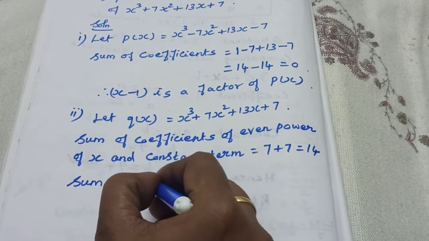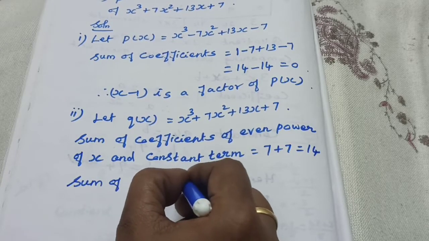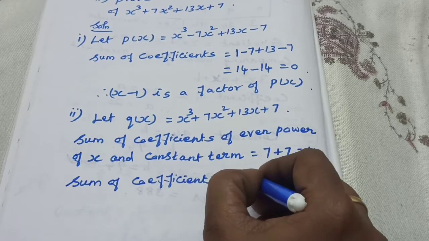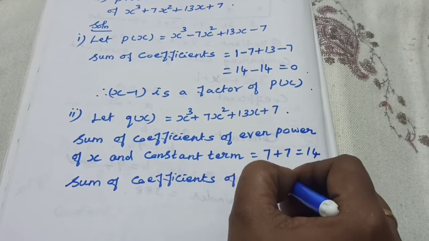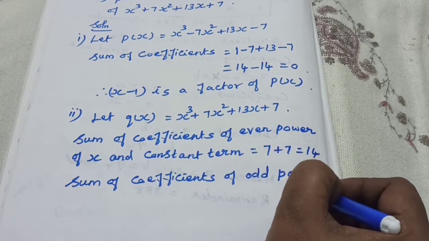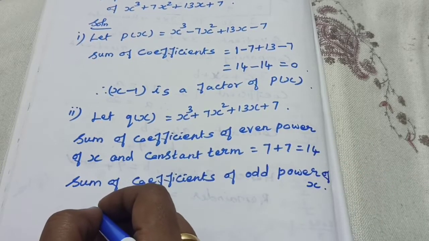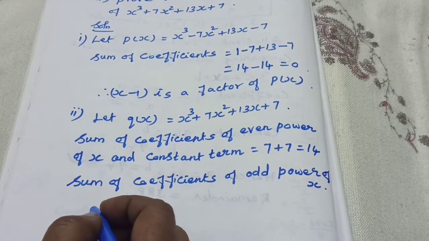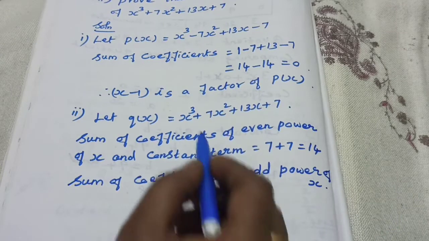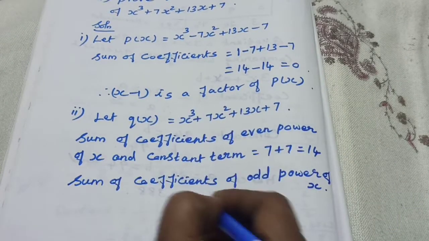Then next one, sum of coefficients of odd powers of x. Which is the odd power? x cube, and the coefficient is 1.